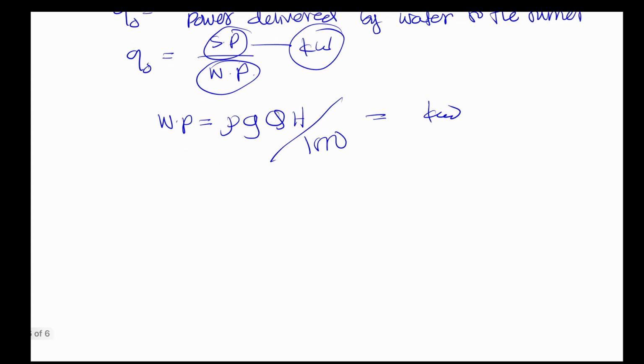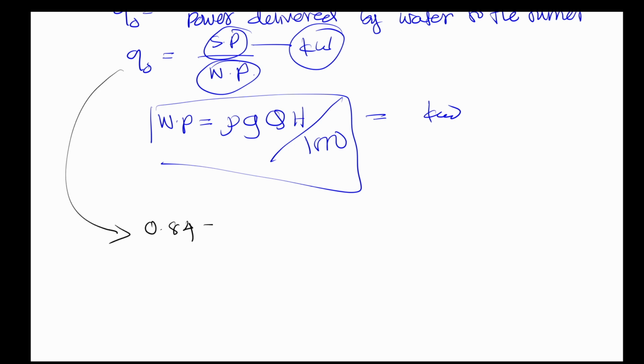If we just try to substitute the value, then overall efficiency is taken as 0.84. So from there we know that the shaft power is 11,772 kilowatt, and the work power is 1000 times 9.81 times the discharge, which we don't know, times the height, which is already given as 20, divided by 1000.